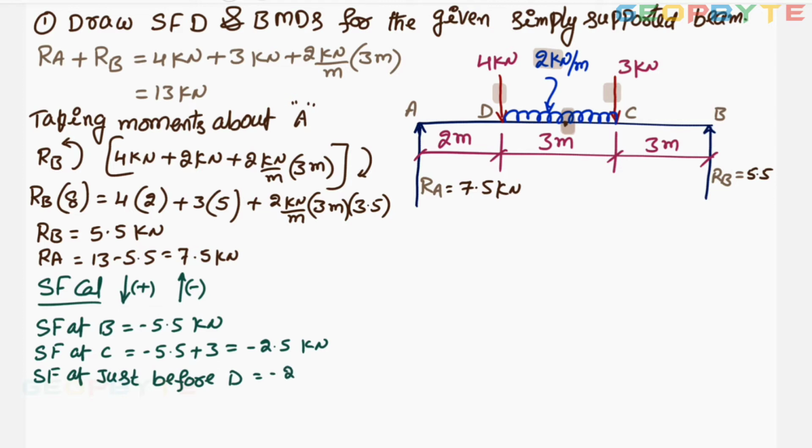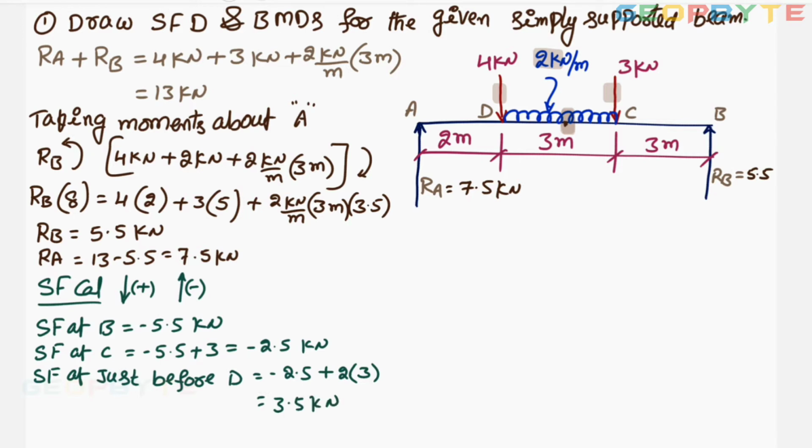Already minus 2.5 kilonewtons is there, plus the point load from the UDL, multiplying UDL with UDL distance, 2 into 3, it is 6. Minus 2.5 plus 6 is equal to 3.5.